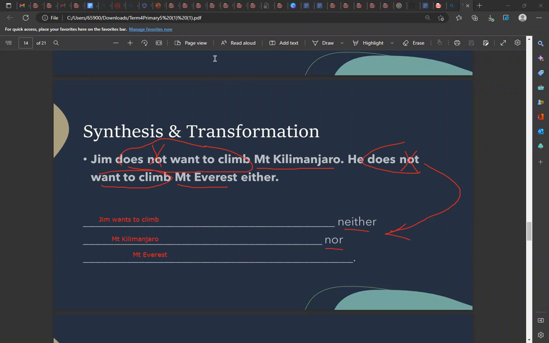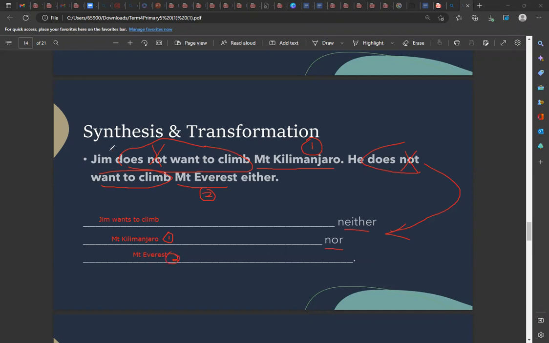The two options can be interchanged in positions. As I said earlier, the first option is Mount Kilimanjaro. The second option would be Mount Everest, and it doesn't matter what order we put it. It could be Mount Kilimanjaro first, or it could be Mount Everest first.